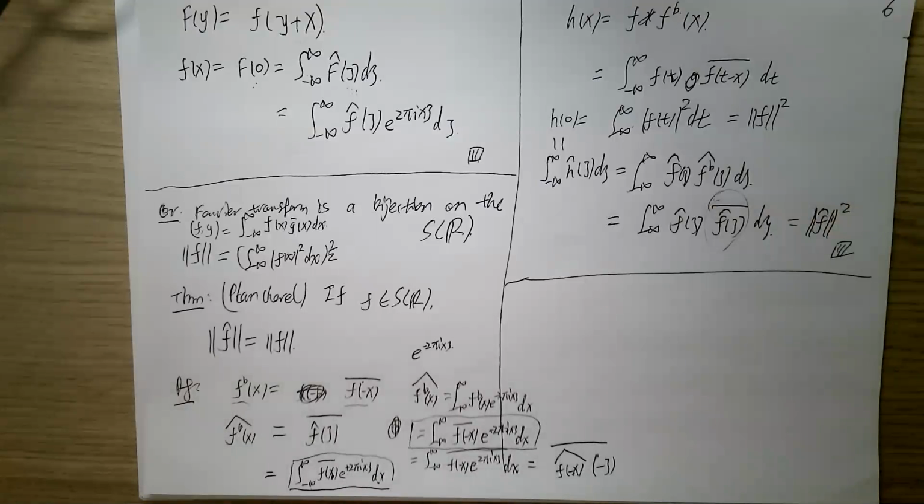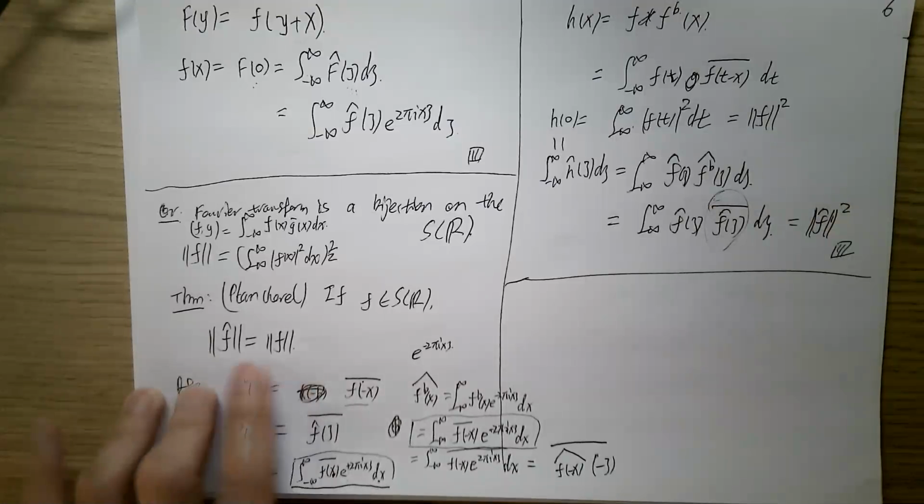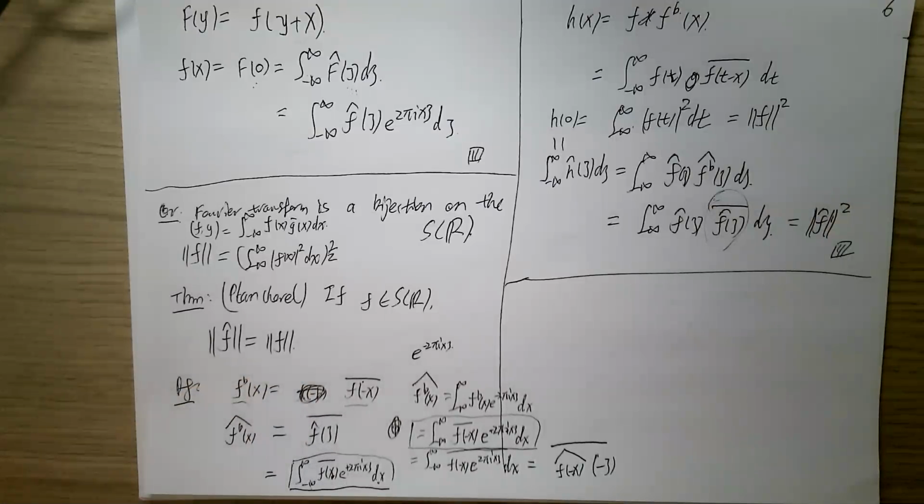So my suggestion is, if you try to make this minus and plus super clear, you may try to close the book and try to prove this kind of thing by yourself. Try to do the algebra by yourself. I think that will make it a little bit easier to see why we want to define this f bar.